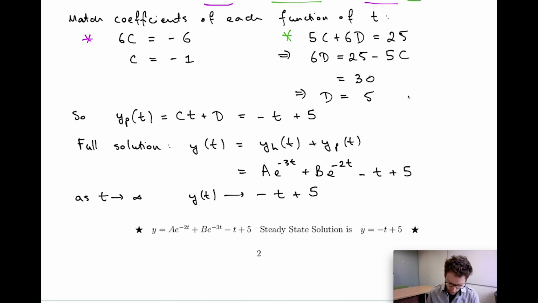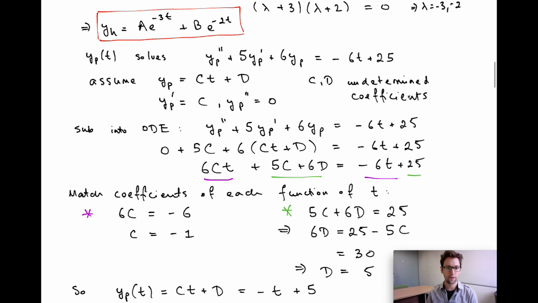Now, an important question here is, how did I know how to choose the form of my particular solution? This guess that I made here that then allowed me to figure out what the unknown coefficients were, c and d. Now, the way I did it was just by looking at the right-hand side and choosing the most general possible form of my particular solution that kind of looks like that.